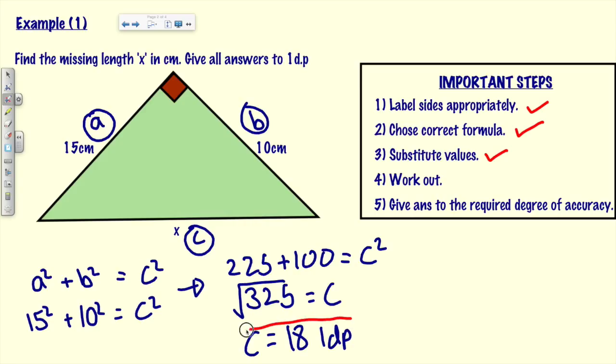And we can box our answer. Okay, so we can tick off worked it out, finding the answer, and giving the answer to the required degree of accuracy, which is one decimal place. So we'll often get 2 or 3 marks for this.